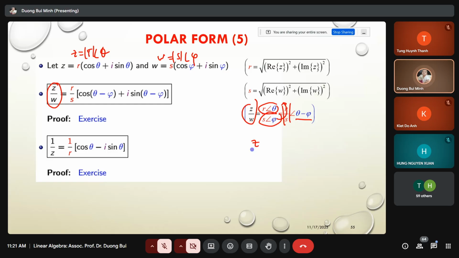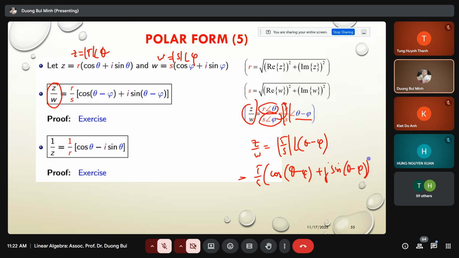So z over w is r over s with theta minus phi, which is r over s (cosine theta minus phi plus j sine theta minus phi).